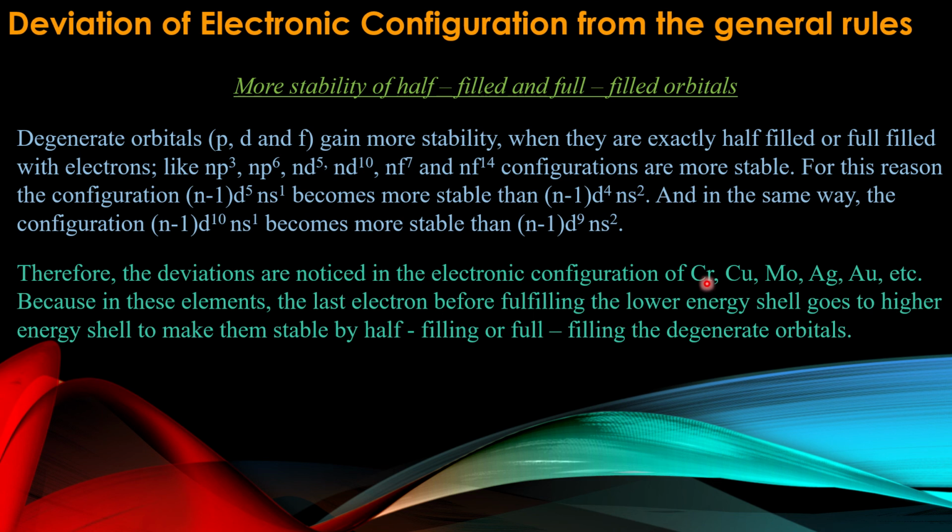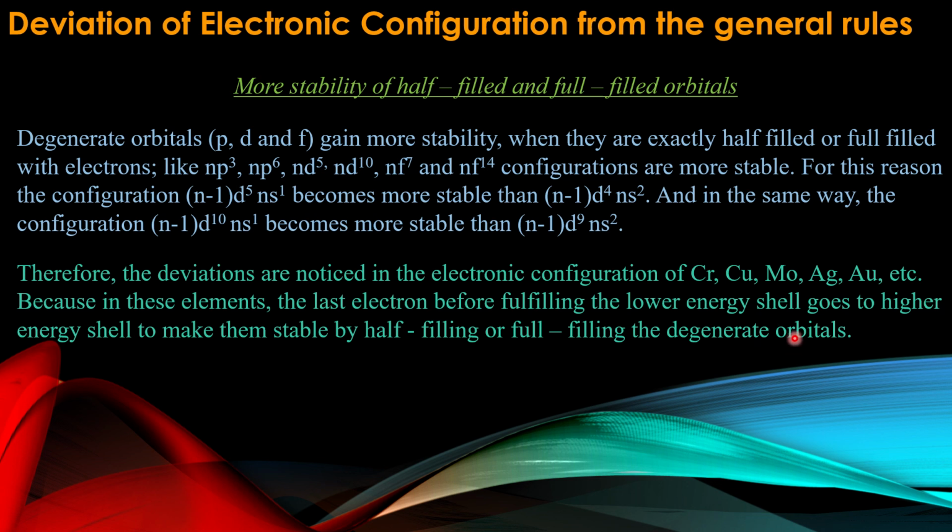Look, in the periodic table, just below chromium, there is molybdenum. Just below copper, there is silver, and so on. Because in these elements the last electron, before fulfilling the lower energy shell, goes to the higher energy shell to make them stable by half-filling or fulfilling the degenerate orbitals.